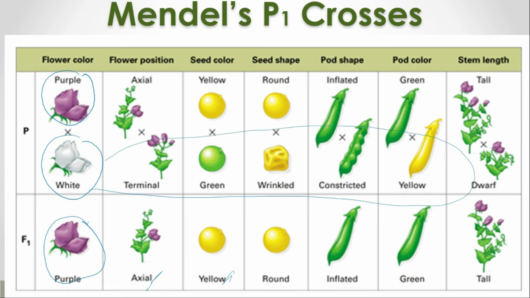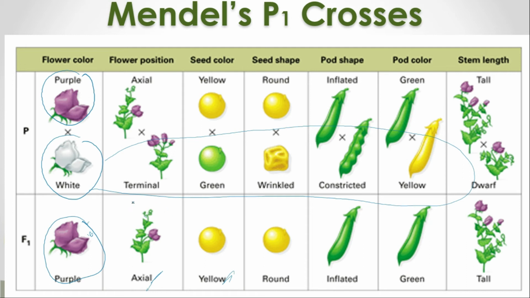So, after this experiment, what he did is step number 3. He self-pollinated the first filial generation plants. So, ito, kinross niya sa another na plant na nag-produce ng purple na flower from that cross. And he found out, dun yung nakita, na lumabas yung white na color.